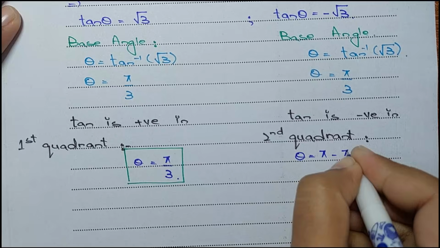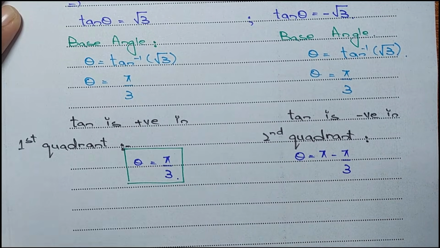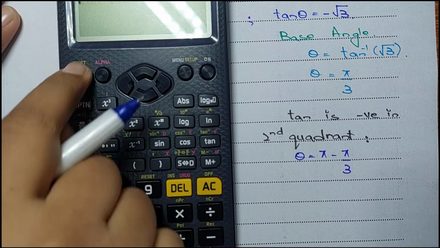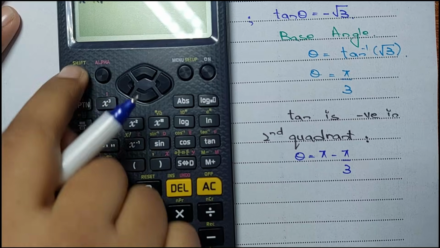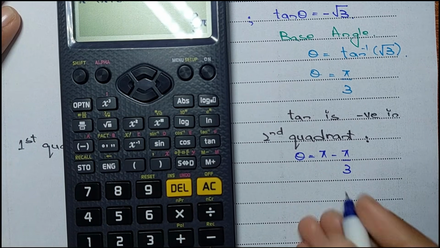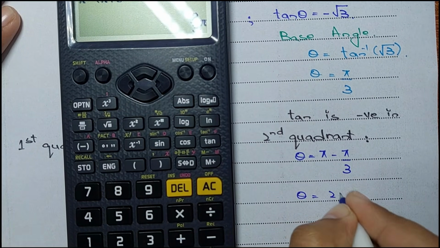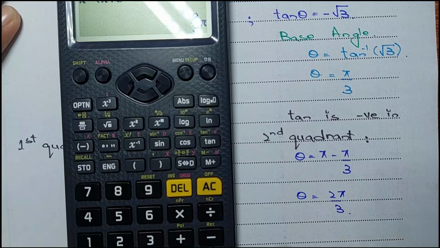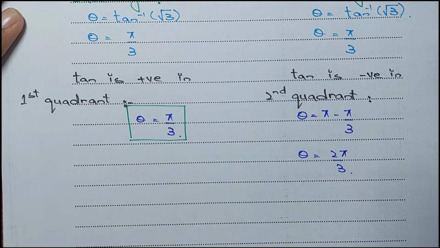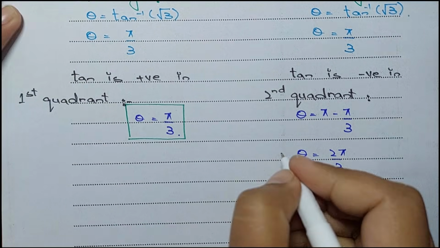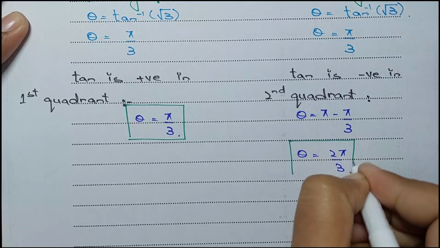The base angle is pi by 3, so what is pi minus pi by 3? Pi minus pi by 3 is 2 pi by 3. This is the second solution. Both belong to 0 to pi.